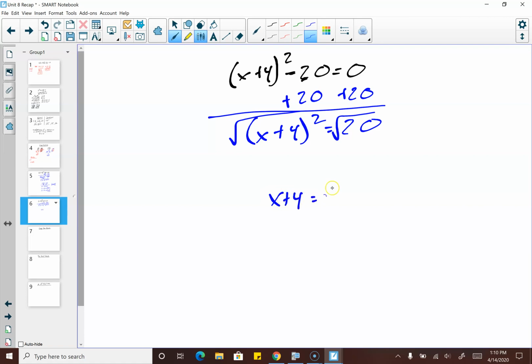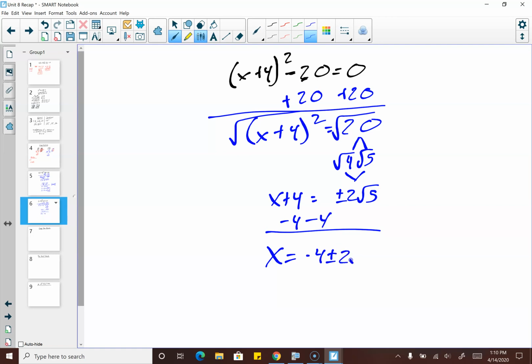Same deal with the parenthesis, except 20 is not perfect, so we have to split it. 20 splits into square root 4, square root 5, comes back together to give us, and again we're solving, so now it's going to be plus or minus 2 square root 5. We'll subtract the 4 on both sides. Now this definitely cannot combine nicely because of the square root. So this is what is known as simplest radical form.